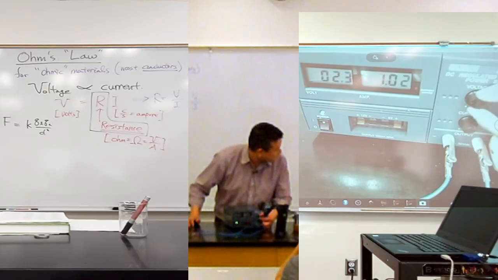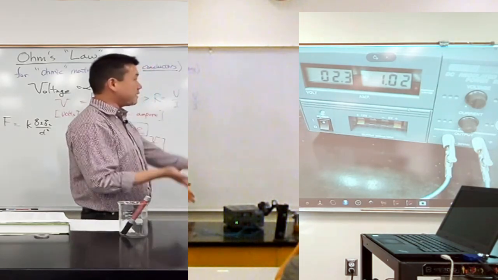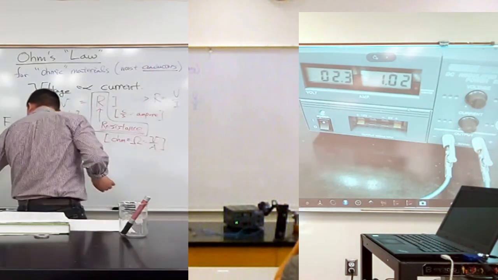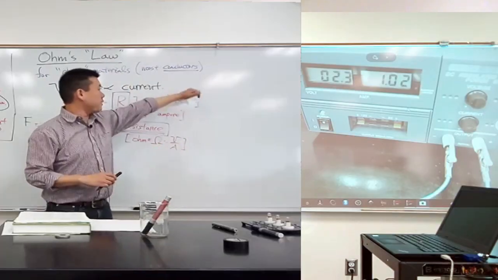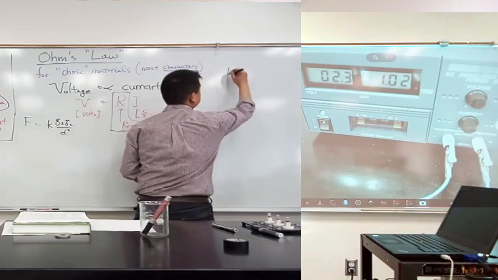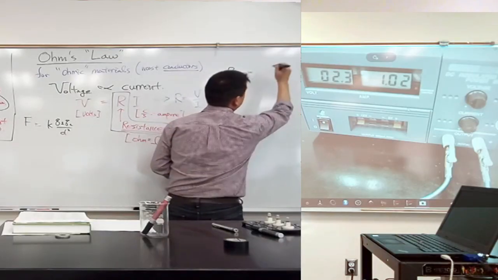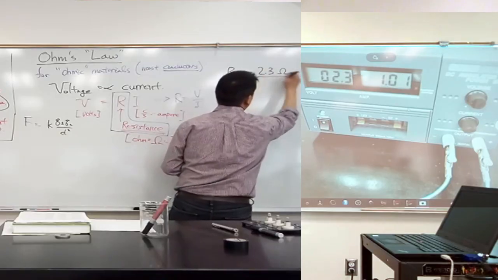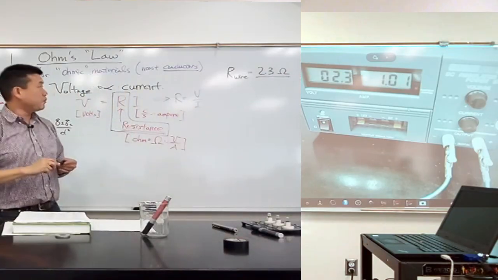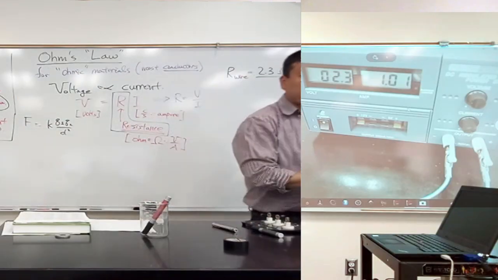All right, close enough. So this piece of wire, we are just measuring that there, right? So volts per current. The resistance of that wire that you see is equal to 2.3 volts per ampere, or 2.3 ohm. It's actually a pretty small resistance, which makes sense. It's just a piece of wire.